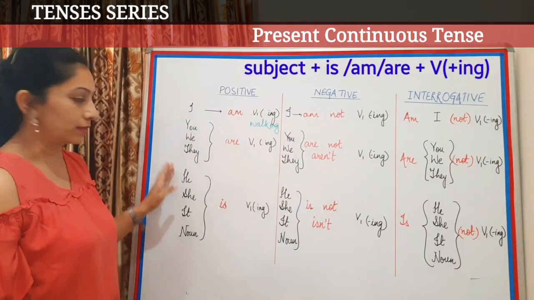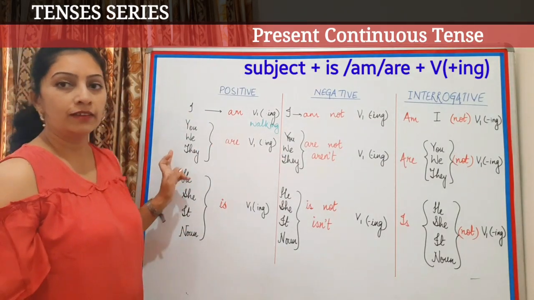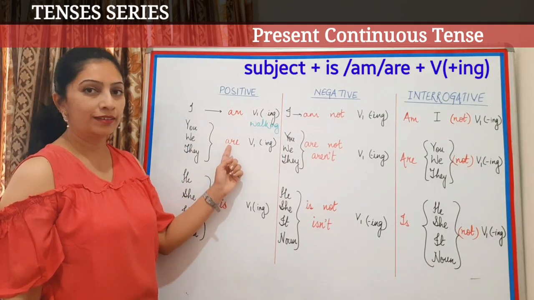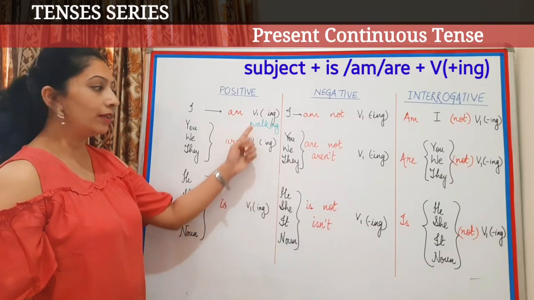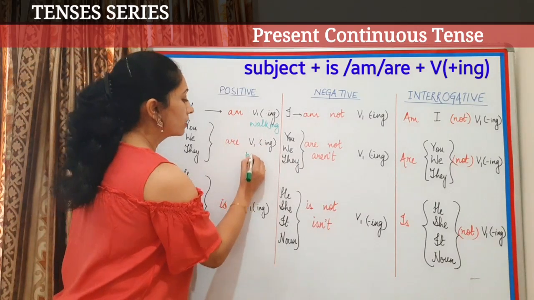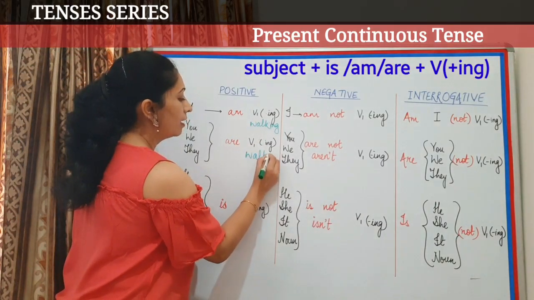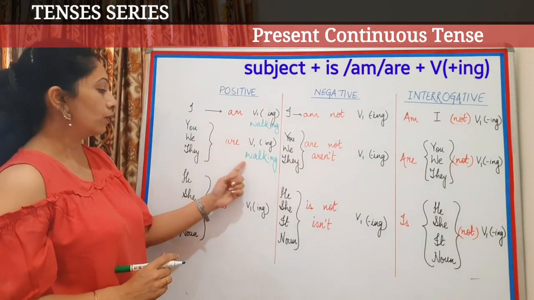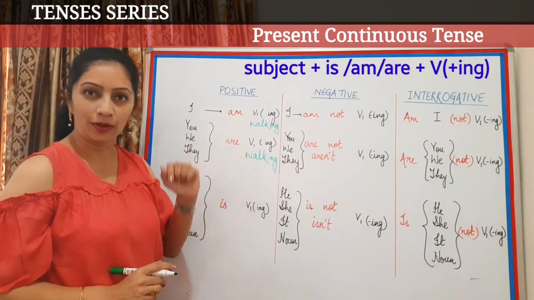Look at the next ones. You, we and they will always use the auxiliary verb are. And again the verb will be in the ing form. So it will be you are walking, we are walking, they are walking.